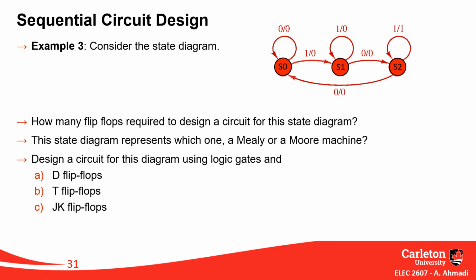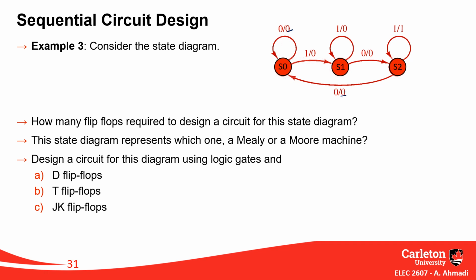If by knowing the state you can say what the output is, at each state the output always must be the same. Look at this. State S0: if I'm at S0, my output will always be 0, because I'm either coming from this way, which makes my output 0, or from this way, which makes my output 0. So S0 is good.